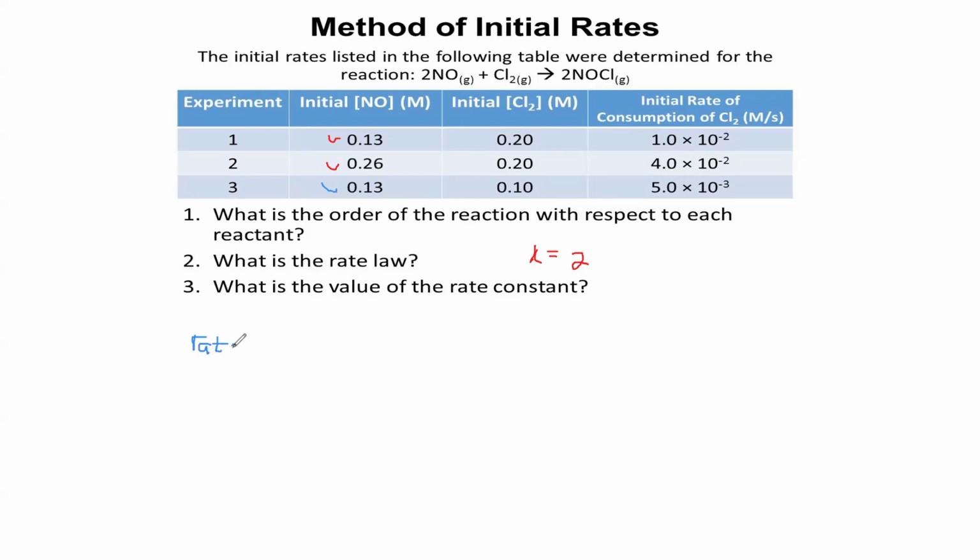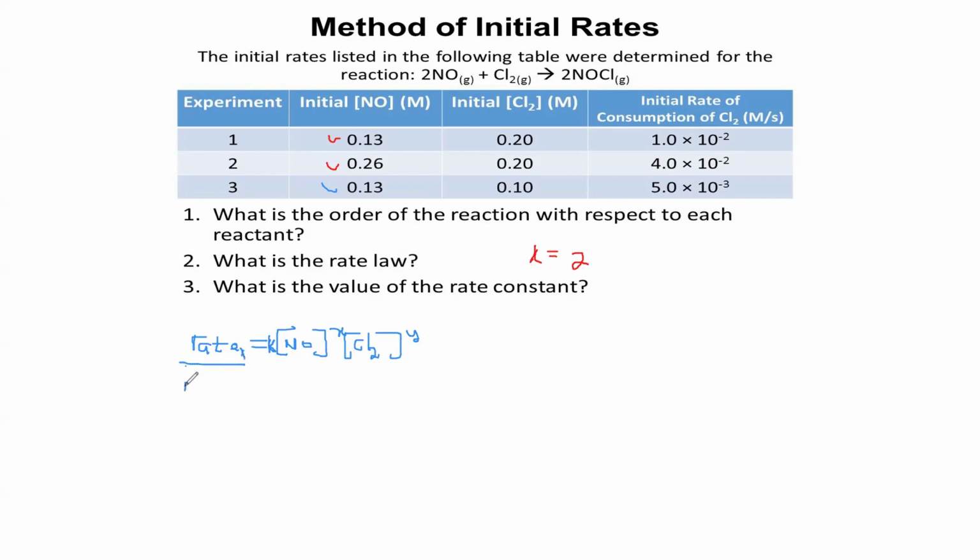rate 1 is going to be k times the concentration of nitrogen oxide power x times the concentration of the chlorine molecule power y, and of course we have R1.